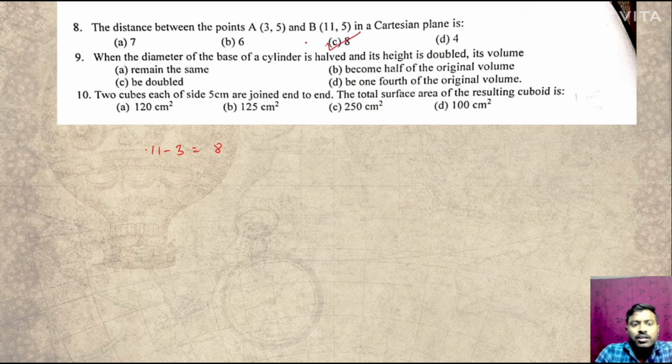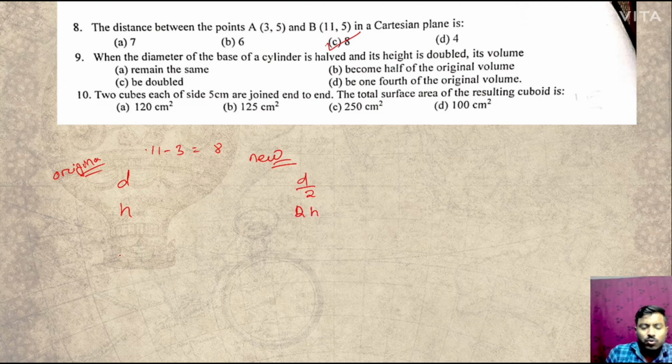Next question. When the diameter of the base of the cylinder is halved, okay, means suppose let the diameter is D. Now the original diameter, new diameter becomes half, means D by 2. Then height is double, original is h, and the new height is equal to 2 into h.